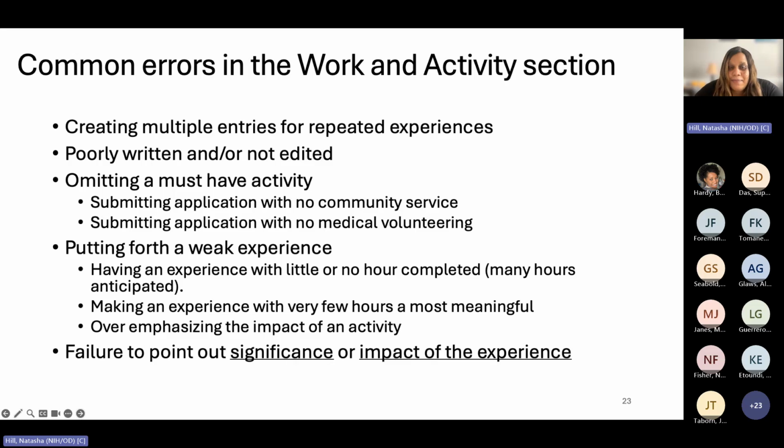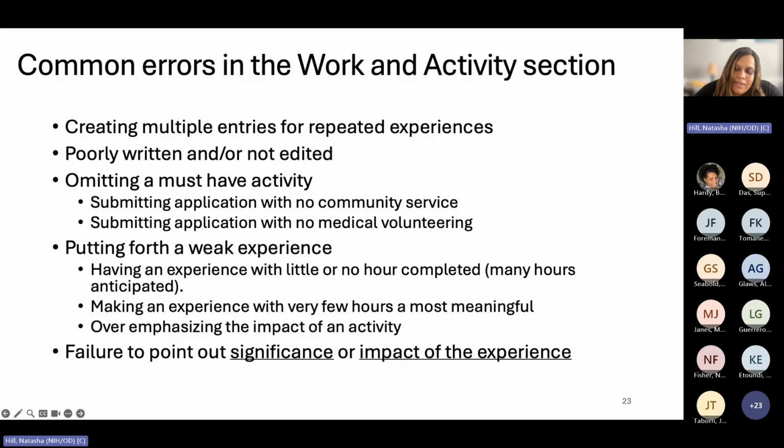Highlighting stacking boxes as the most meaningful experience is probably not going to be the best option for you, unless something really meaningful happened. Then you're going to have to talk about those hours that you spent in that impactful experience. Maybe you got to help deliver a baby, and maybe you spent 5 hours doing that, and that's why you want to make this the most meaningful.